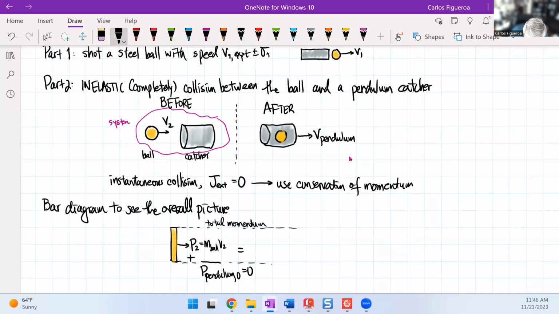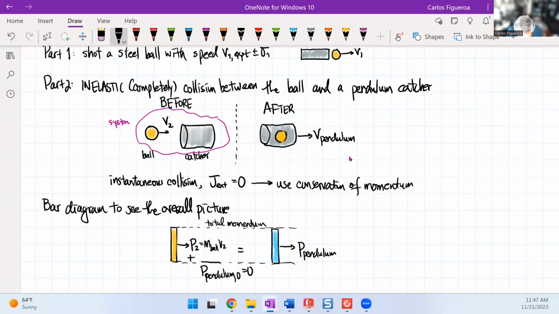And I can't create or destroy momentum. So then afterwards, I have a combo of the two, which now move off as the momentum of the pendulum.